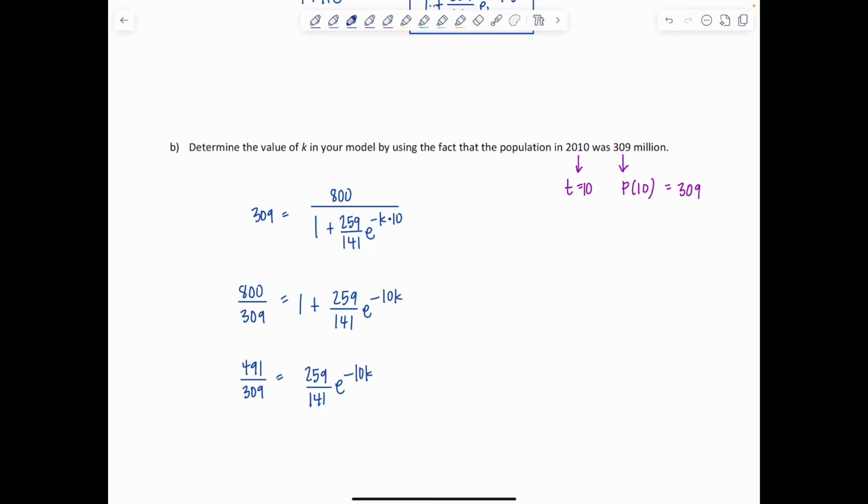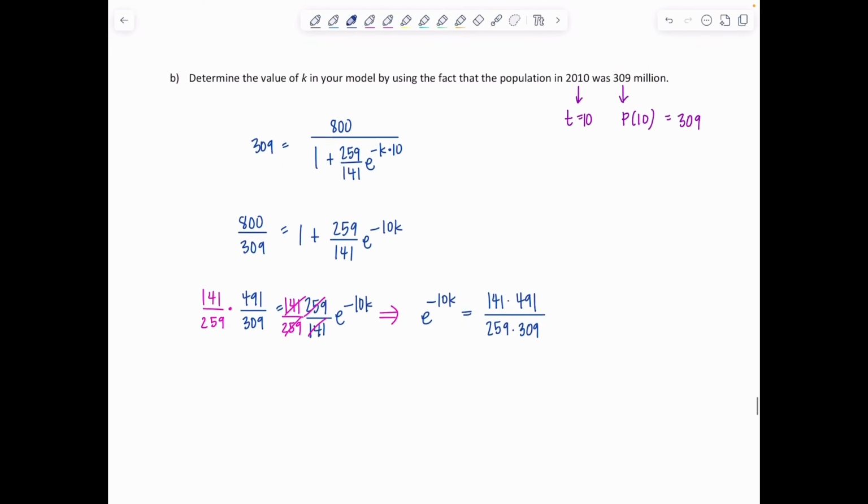Get rid of that coefficient. So multiply both sides over here by the reciprocal, 141 over 259. Boom. So then I have over here e to the negative 10k equals, I'm just going to carry on with no calculator for a minute, 141 times 491 over 259 times 309.